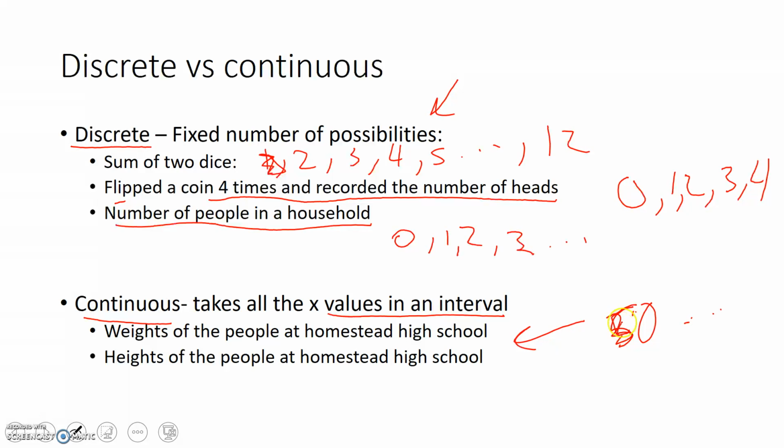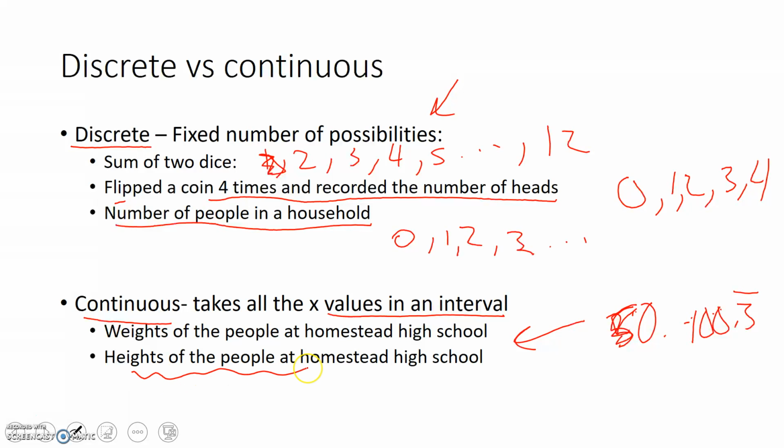When you're thinking about all the different weights that you could possibly get, you could even get decimals here, like somebody could be 100.3 repeating pounds if you have a scale accurate enough to measure some of these things. So this makes more sense to put in an interval.